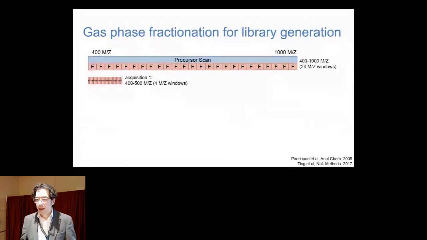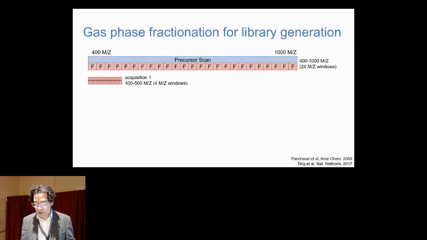We have a technique to stagger these windows in a way that we can deconvolve them, which gets us down to 2 m/z wide windows. That gets us essentially the same quality data that we would get from targeted PRM style acquisition, but for all possible peptides in that proteome.